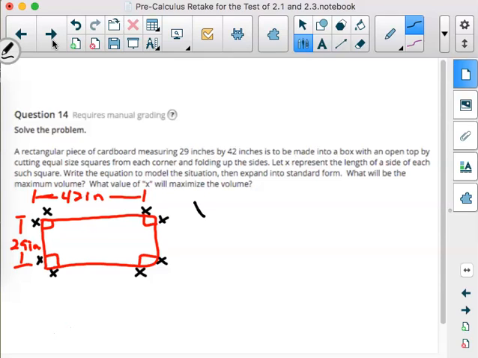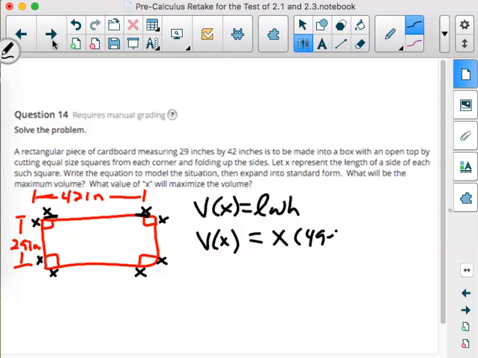So the volume of a box is length times width times height. Well, I'm going to do the height first, because when I fold up those little x's, it's going to be x units tall. And then the length and width, they were 42 and 29, but I have to cut 2 x's out of there.